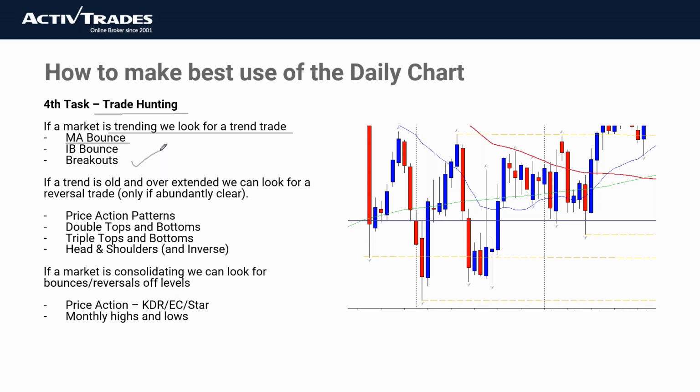If you are in a trend trade, well, in a good strong trend, that is when breakouts are more likely to work. If the trend is old and overextended, we can look for a reversal trade. How is it old? How is it overextended? Part of that can be the price action.